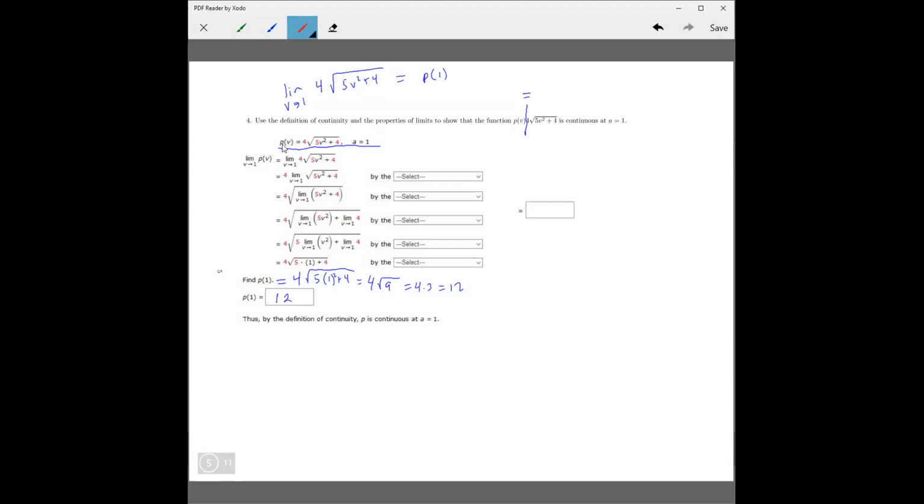Okay, so now let's go to the tricky part where we're trying to justify each of these steps. So from here to here, we pulled this constant out to the front, right? And all this remained there. So this is the constant multiple law.